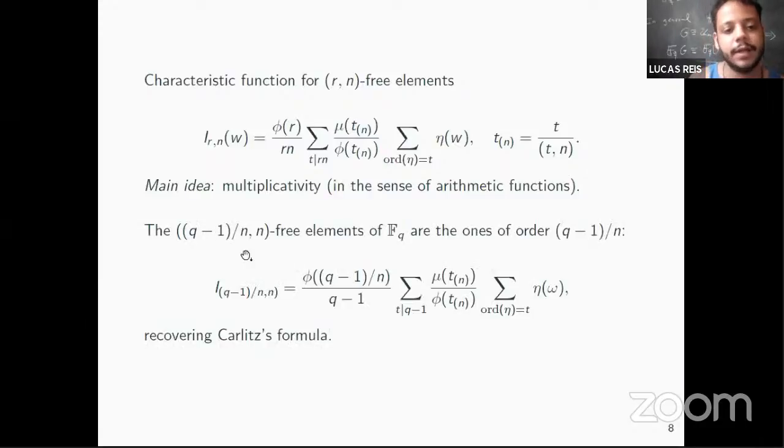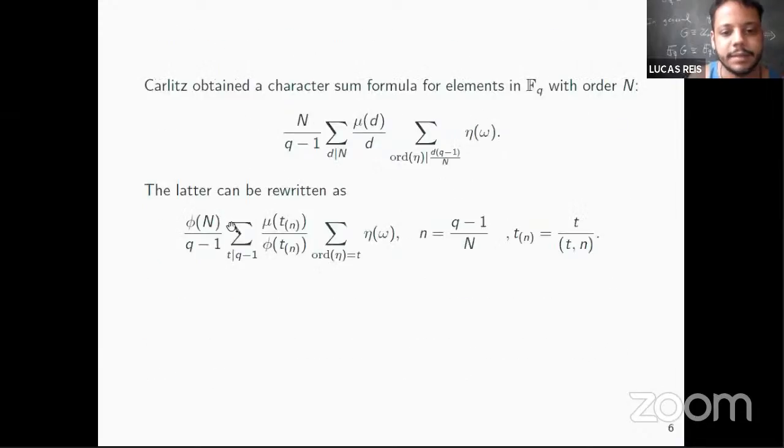As we have observed, the elements of multiplicative order (q minus 1) over N are just the ((q minus 1) over N, N)-free elements. And so we just plug these two values into this formula and recover Carlitz's formula, from the simplified version of this indicator function.